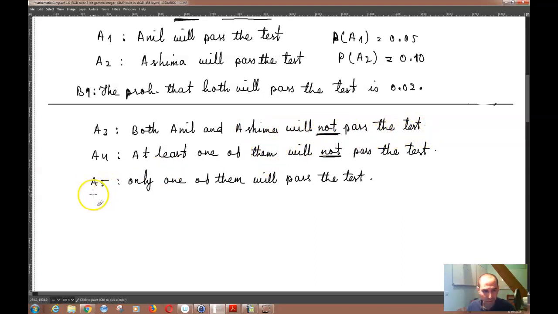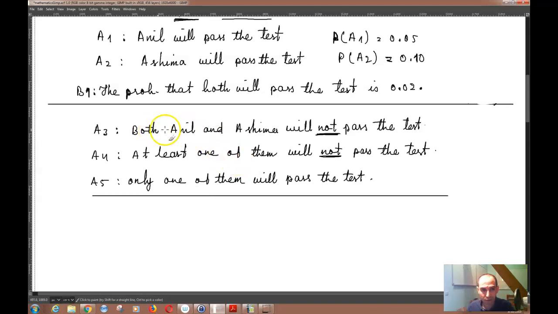So what they have provided as the solution is that the event both Anil and Ashima will not qualify the examination may be expressed as E prime intersection with F prime. So this is crucially important.